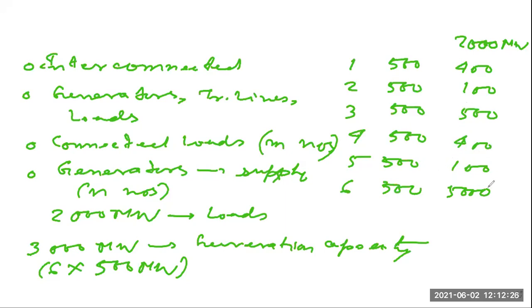Or should we have some other distribution, like 1000, 100, 400, 100, 500, 400, 500?